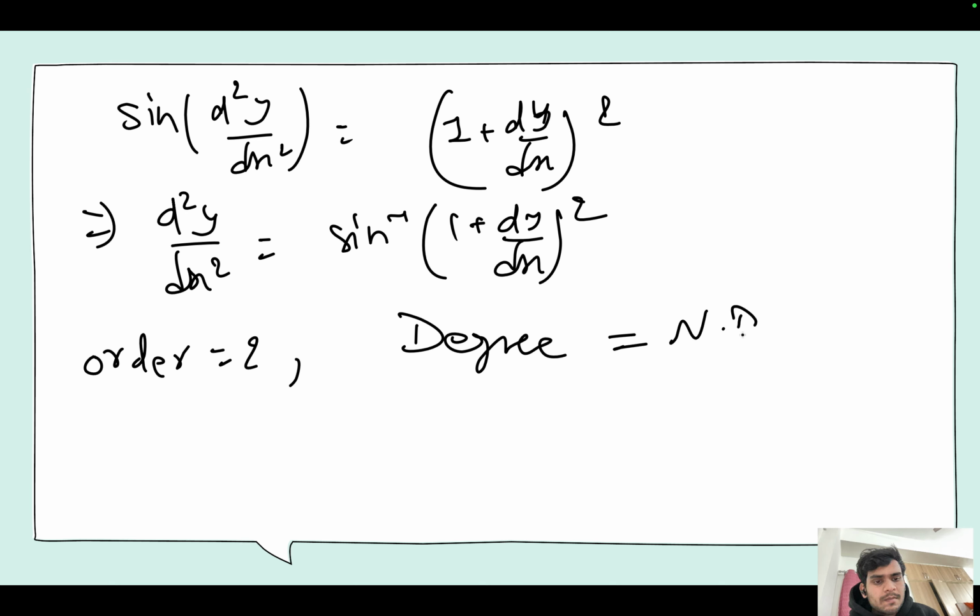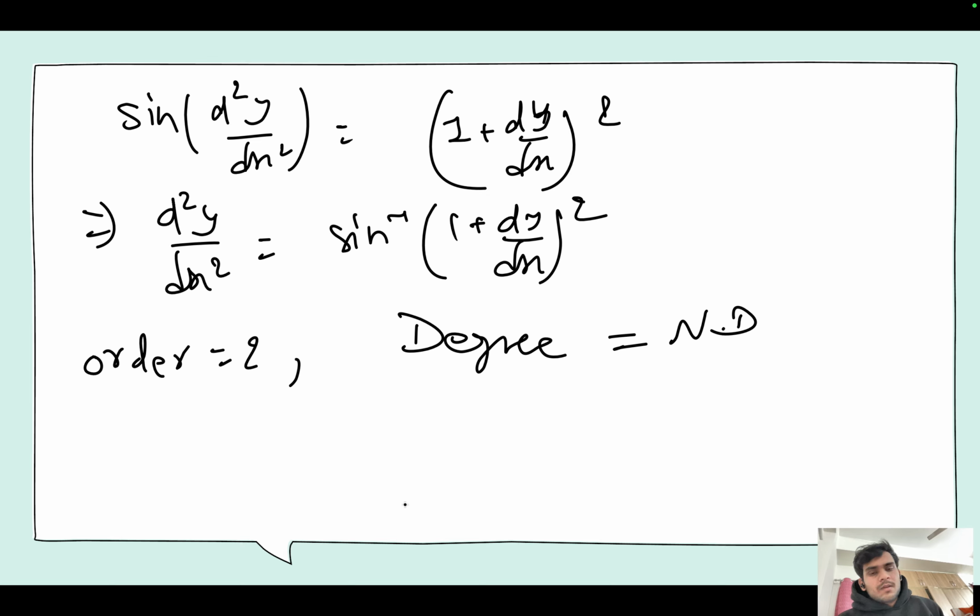Degree is not defined. How can you say that, sir? Because the differential term is inside the trigonometric term. That's why we say this is not defined, our degree is not defined.